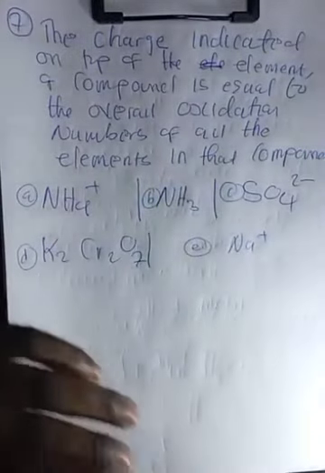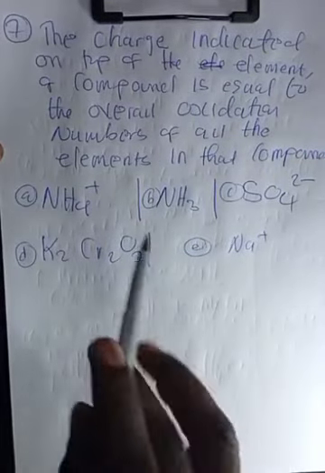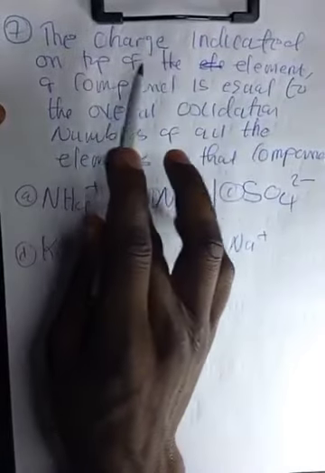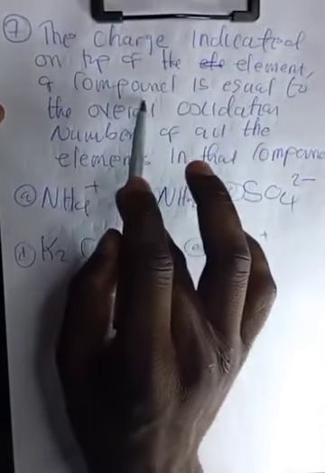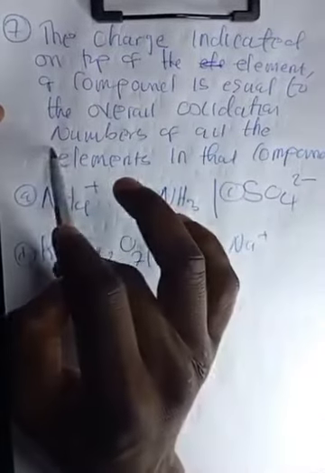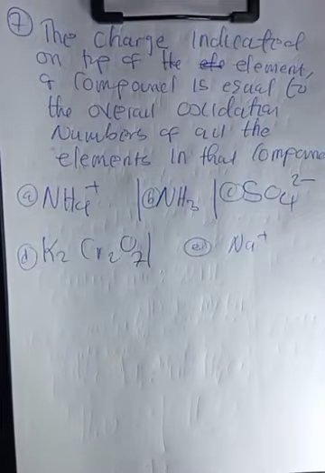So the charge indicated on top of the element or compound is equal to the overall oxidation number of all the elements present.